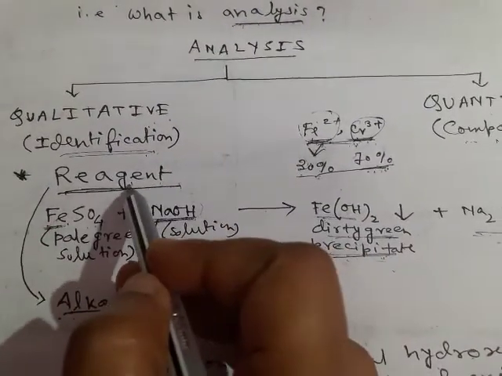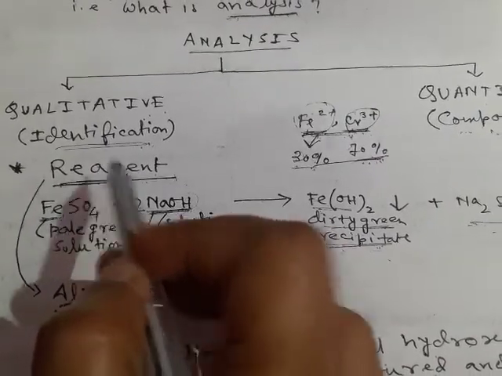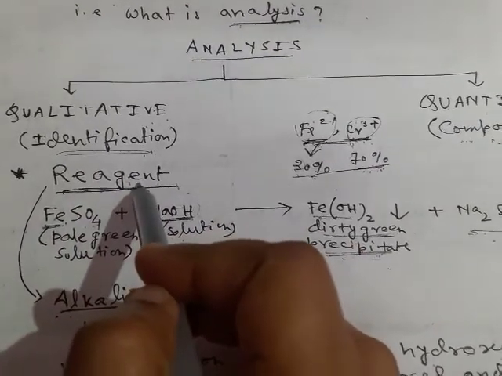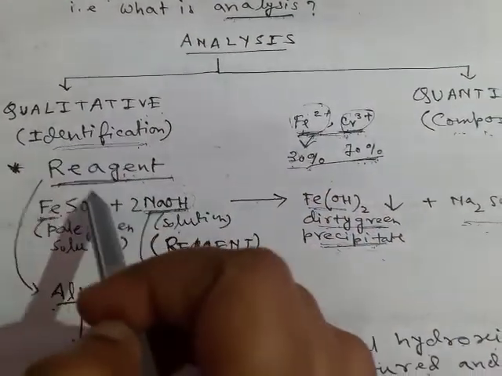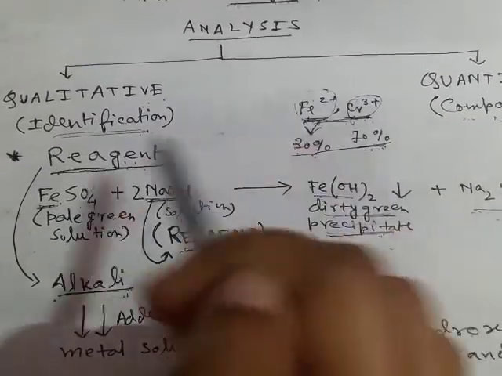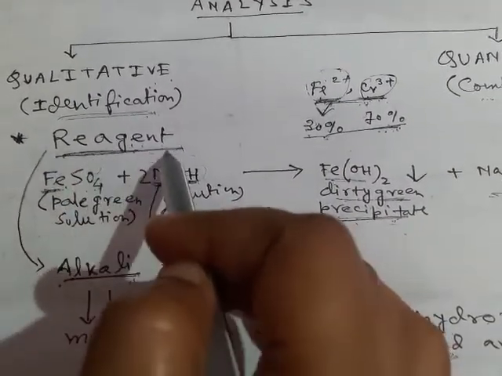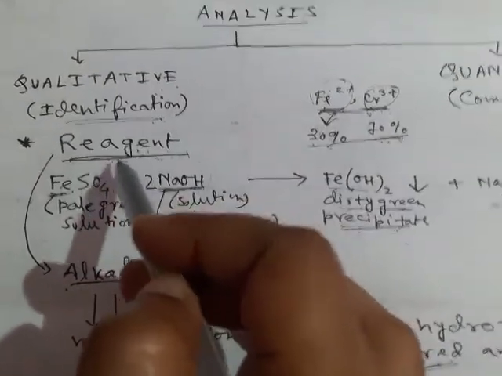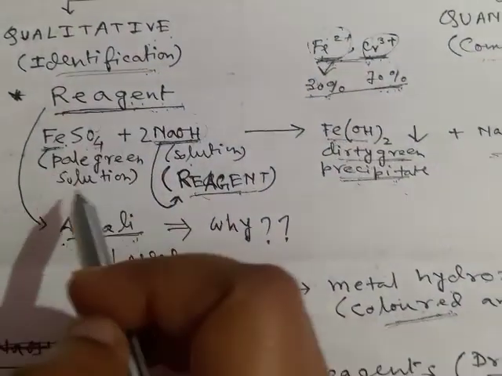Now reagent. Reagent is a special type of compound which is used for the analysis purpose. How can we analyze these ions? For this purpose we have to use reagent. Reagent is a particular chemical compound which can combine with other chemical compounds.